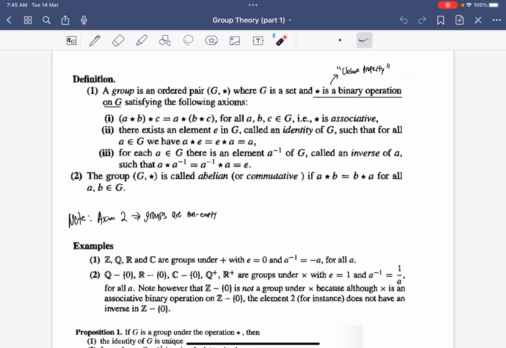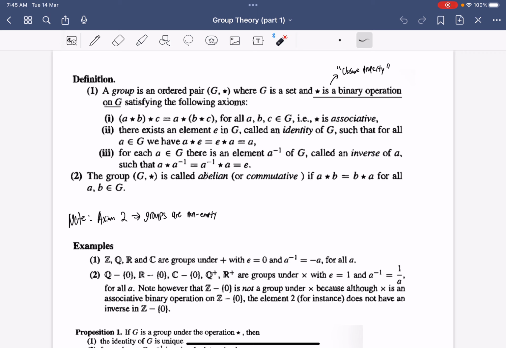And lastly, the last property that we have for a group is that it has an inverse for every element. And an inverse is defined to be the element where you star it with and get the identity.